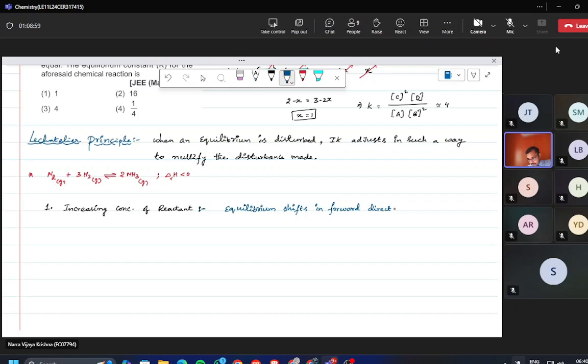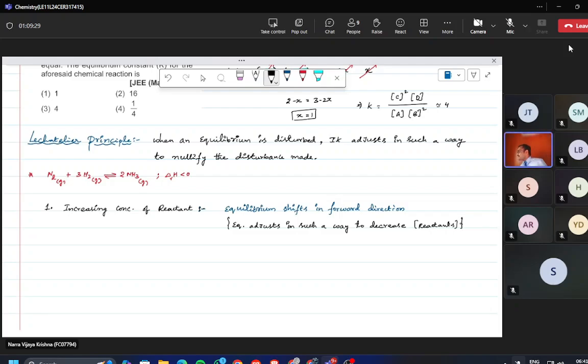Can I write it? Actually, what I have to write is: equilibrium adjusts in such a way to decrease concentration of reactants.